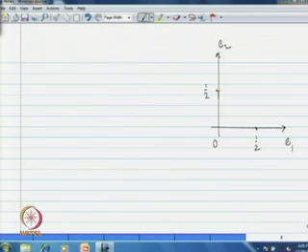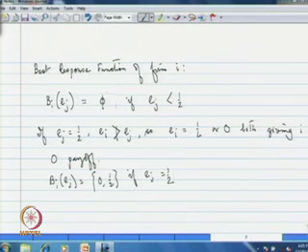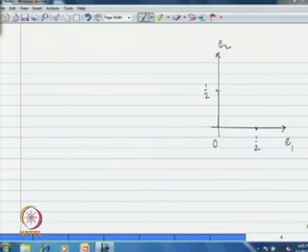So, for this range there is no best response. If E 2 is equal to half, then the best E 1 could be either 0 or half. So, this is one possibility and this is another possibility. Both are equally good. So, this is B 1.